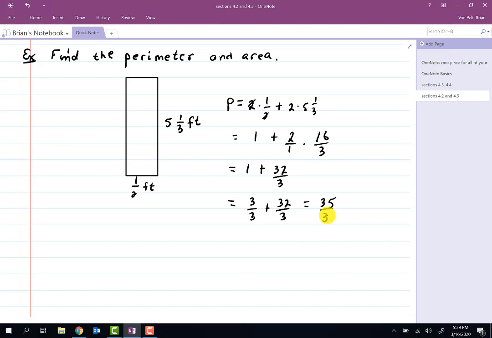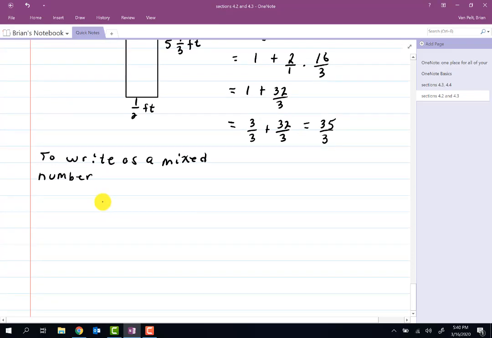Now, depending on the problem or who is asking you the problem, they may require you to change this answer to a mixed number. So how do we do this? Well, I do long division. 3 goes into 35.